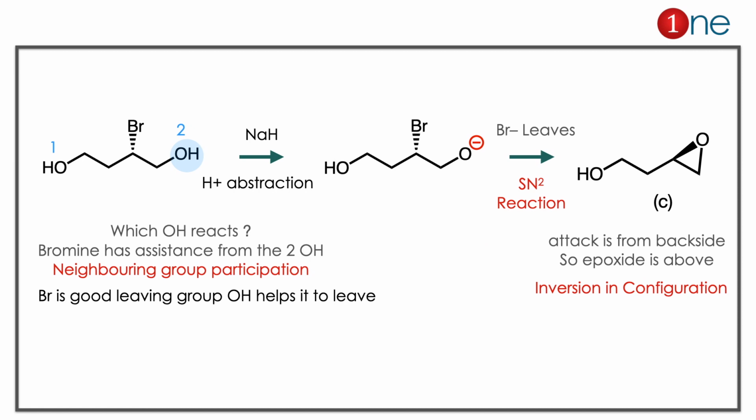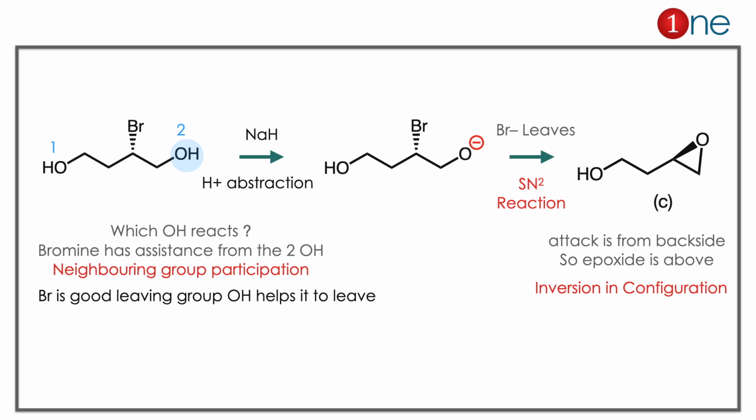In the starting material you have bromine. Bromine is a good leaving group. Here, which OH reacts? There are 2 OH groups and the bromine is nearby. The bromine will leave because bromine is a good leaving group, but which OH will react? The OH near the bromine can assist the leaving of bromine, which is called anchimeric assistance or neighboring group participation.